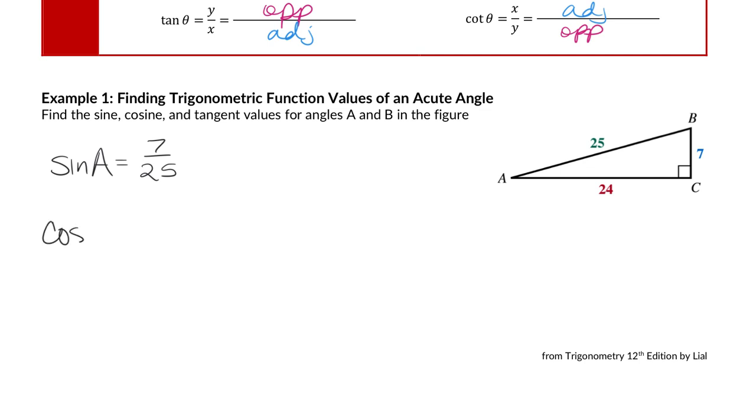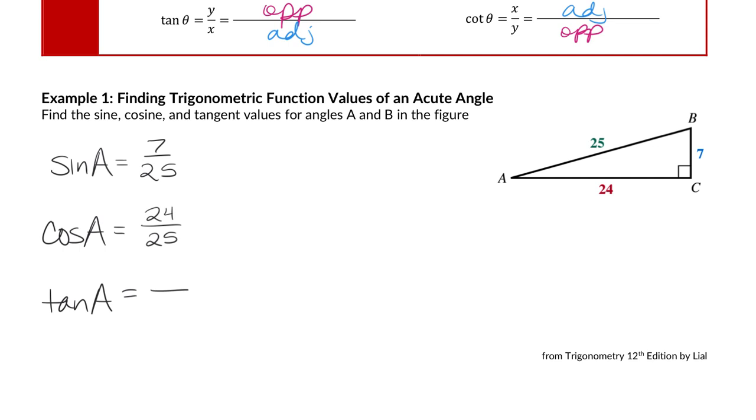If I'm setting up the cosine of A, again, making sure I'm looking at the angle A, what is adjacent to angle A? 24, and the hypotenuse was 25. Now I'm doing the tangent of A, so I'm on to SOHCAHTOA, opposite over adjacent.